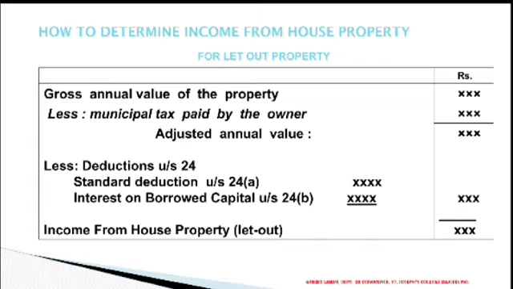And then interest on borrowed capital, that is pre-construction interest and post-construction interest. We take the total deduction from that net annual value, that is the adjusted annual value. Finally, we get the income from house property let out. This is the way to determine the income from let out house property.